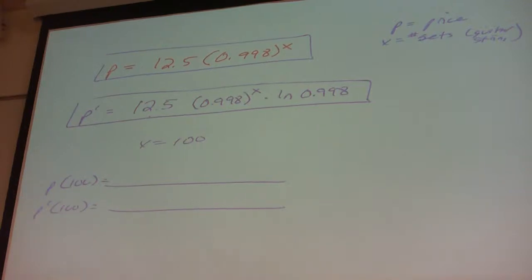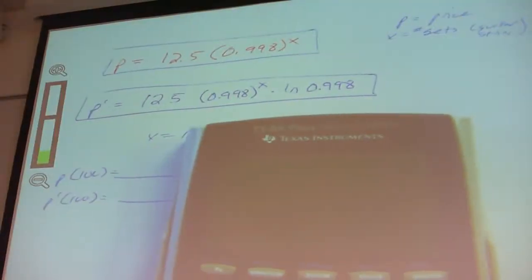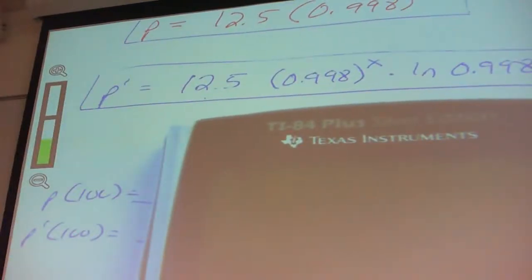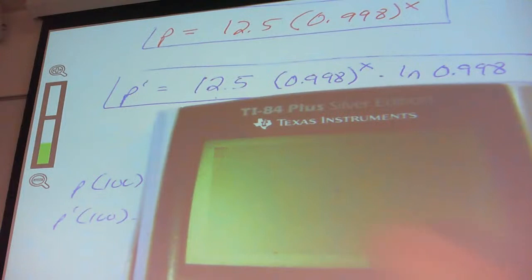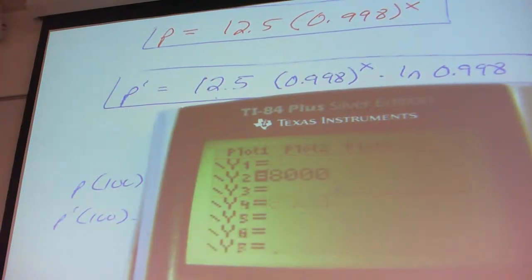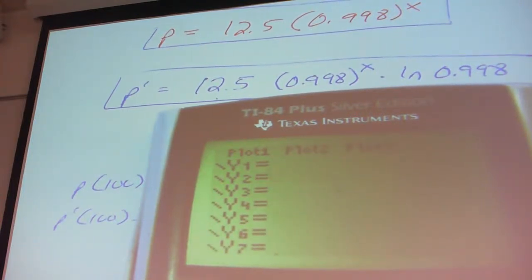So let's go to the calculator. Clear out y1, clear out y2. y1, 12.5 times 0.998 raised to the x.